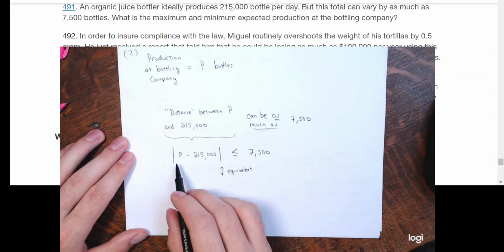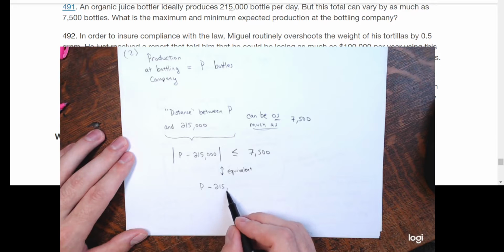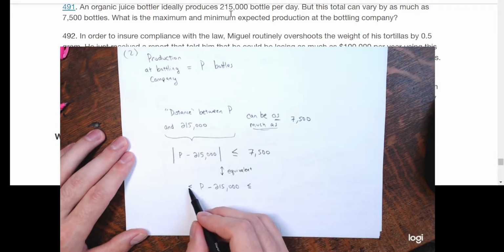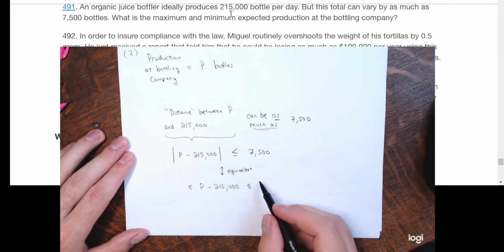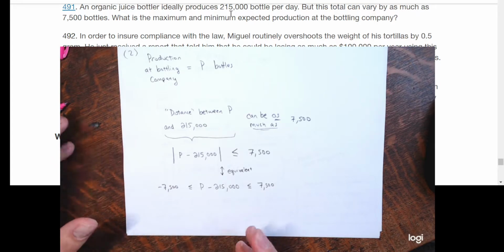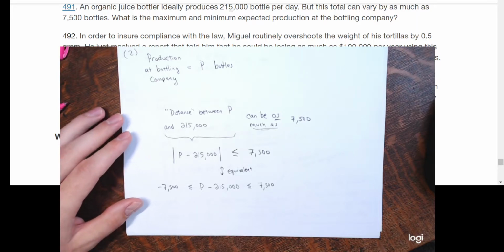This will be true if P minus 215,000 is between positive 7,500 and negative 7,500. And again, I'm assuming you know a little bit about solving absolute value inequalities from a previous video or previous exercises or previous reading.